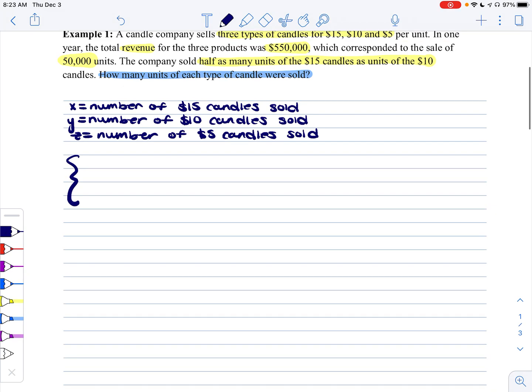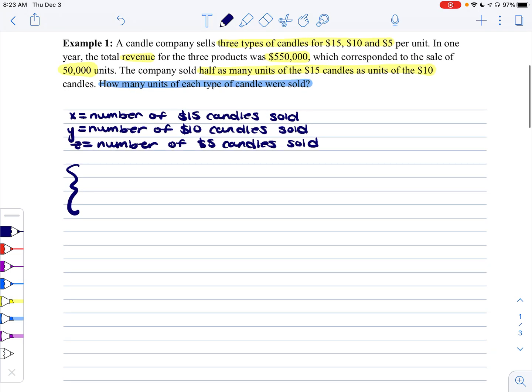If we look back at the information that we're given here, the first thing they tell us is that in 1 year, the total revenue of the three products was $550,000. So that's going to help us build one of our equations dealing with the prices of these different candles. Every x candle is sold for $15, every y candle is sold for $10, and every z candle is sold for $5.